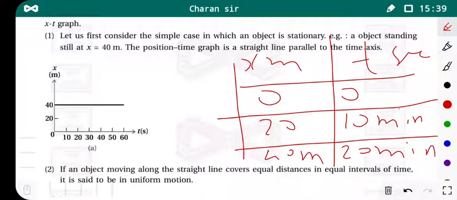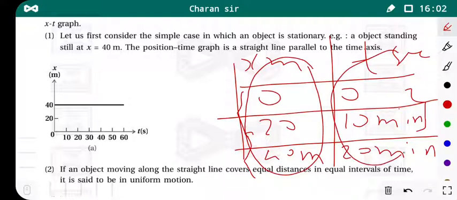So you can say that for this time interval, that is 10 minutes, the distance covered by the object is 20 meters. You take any difference between successive positions at different instants of time, you get the same value. That means our object covers the same distance in equal intervals of time.